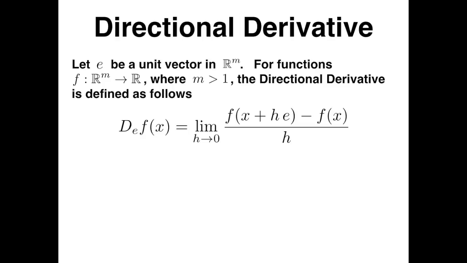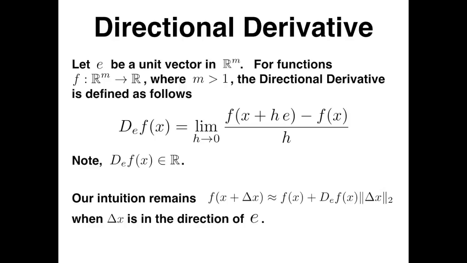And it's denoted the derivative of f in the direction of e at x. Note that the directional derivative is a real number. And our intuition remains. F of x plus delta x is approximately equal to f of x plus the directional derivative of f in the direction of e at x times the norm of delta x, where delta x is in the direction of e.